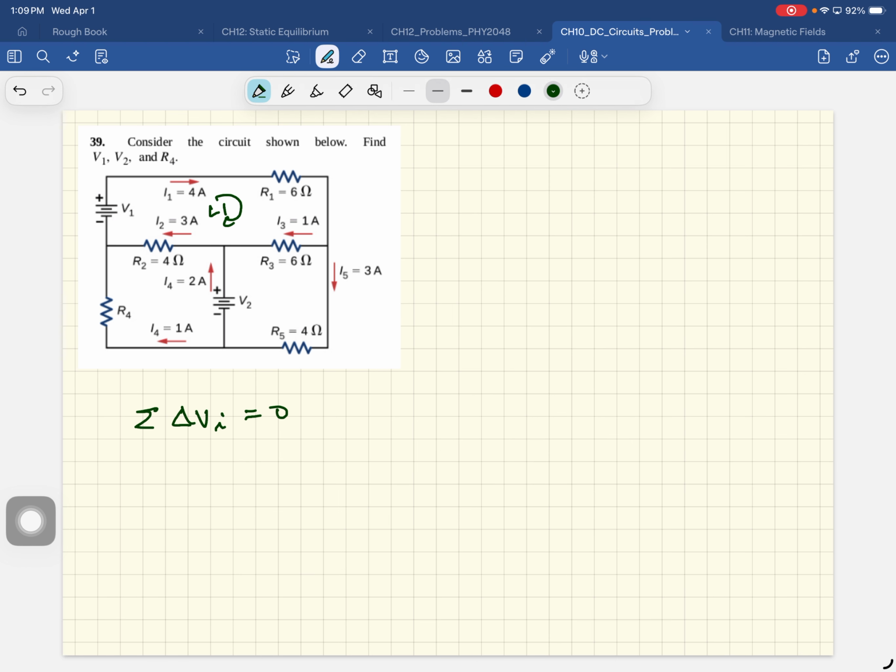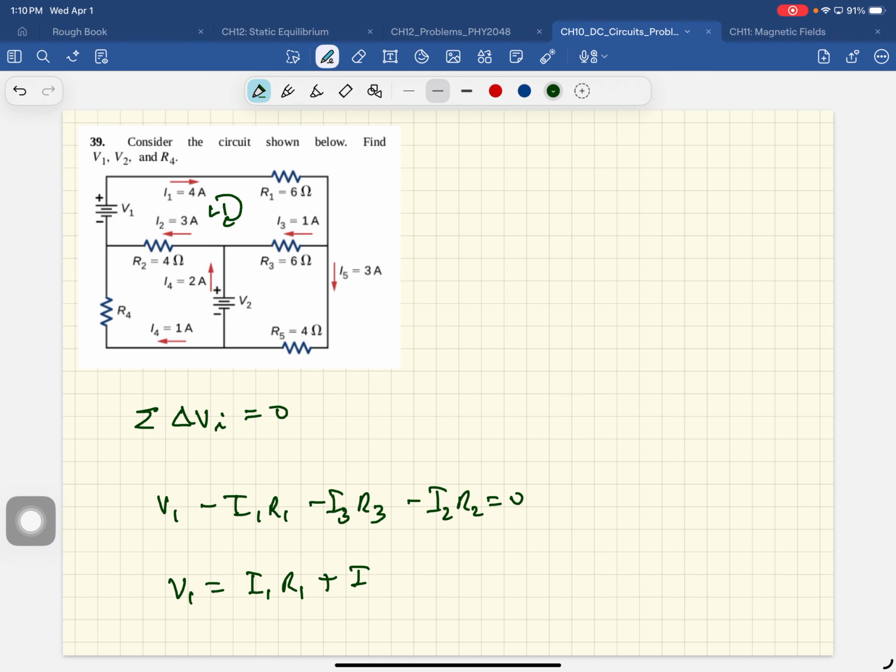So it's plus V1, and then we're going with the current, so minus I1 R1, minus I3 R3, and again going with the current, minus I2 R2. And what should this add up to? 0. So V1 is equal to I1 R1 plus I2 R2 plus I3 R3.